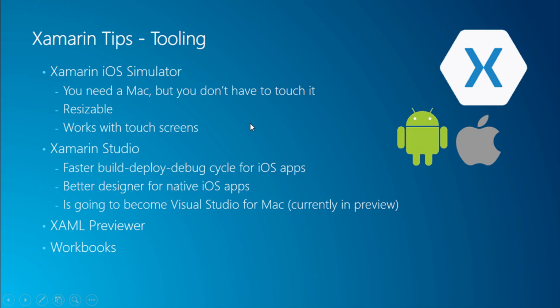All right, tooling. I'm going to go really quickly through these slides. The one thing I want to touch on here: are you guys familiar with the Xamarin iOS simulator that they released fairly recently? Basically, you can run an iOS simulator on Windows. Now, it has to be connected to a Mac, and it actually remotes to the Mac.